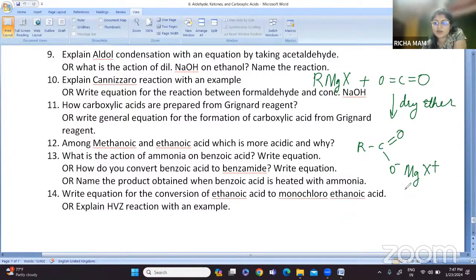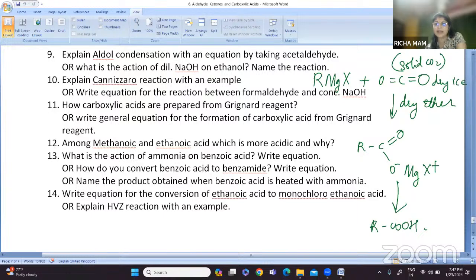This salt of carboxylic acid further undergoes acidification to give you carboxylic acid. So this is the general equation for the formation of carboxylic acid from Grignard reagent. We take Grignard reagent and react it with solid carbon dioxide, which is called dry ice.